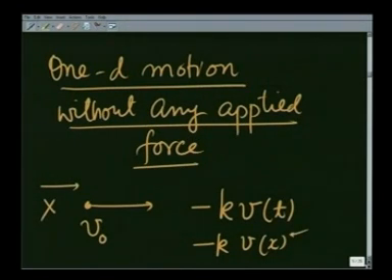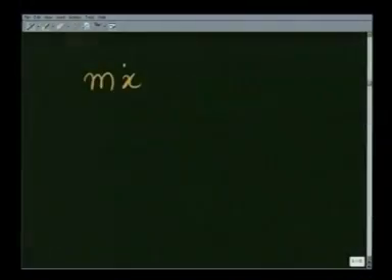The equation of motion for this is going to be m x double dot equals minus k x dot.